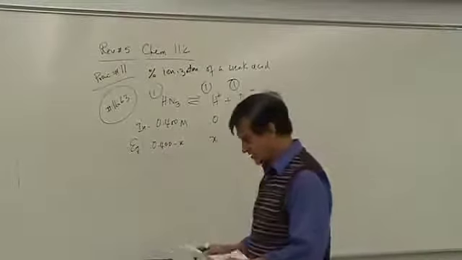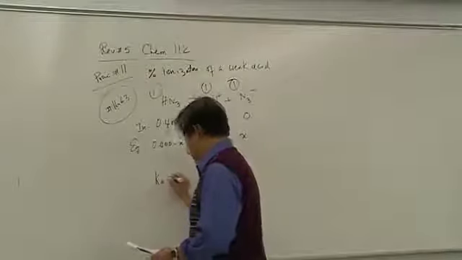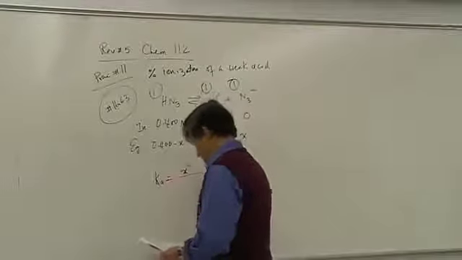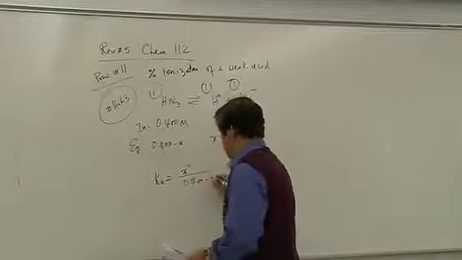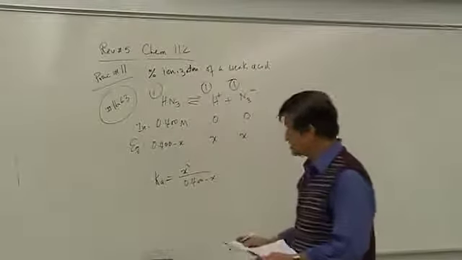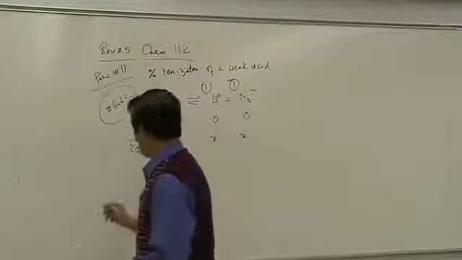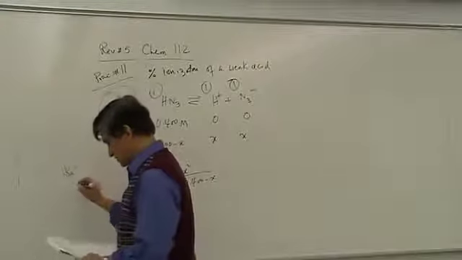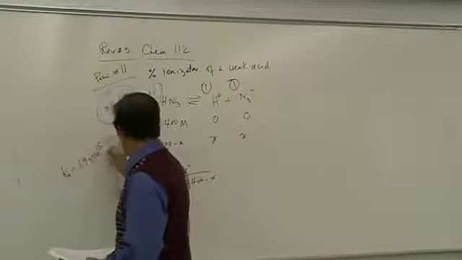Now I can set up an expression for Ka. Ka equals X squared divided by 0.400 minus X. With this problem, I'll have to give you the Ka value. Let's assume that Ka value is given, and that value is 1.9 times 10 to the negative 5.